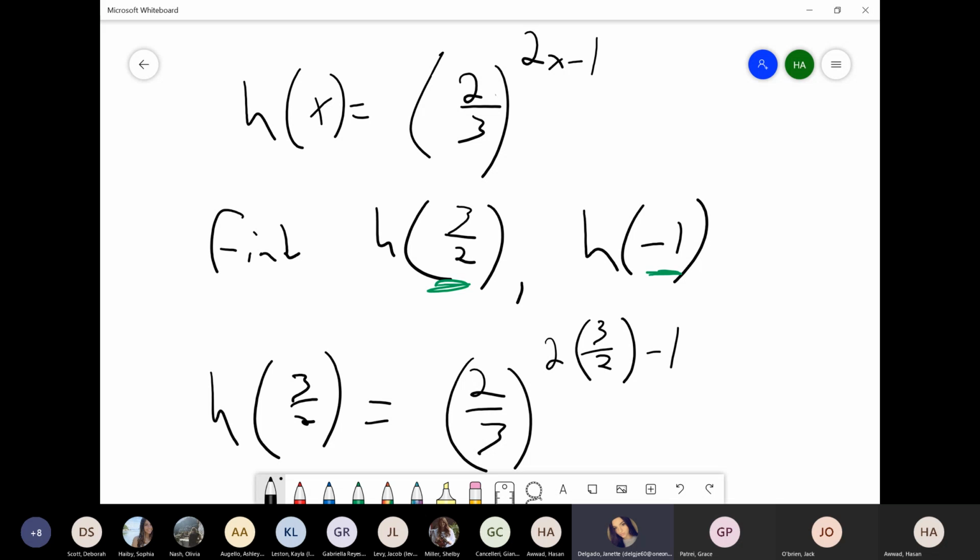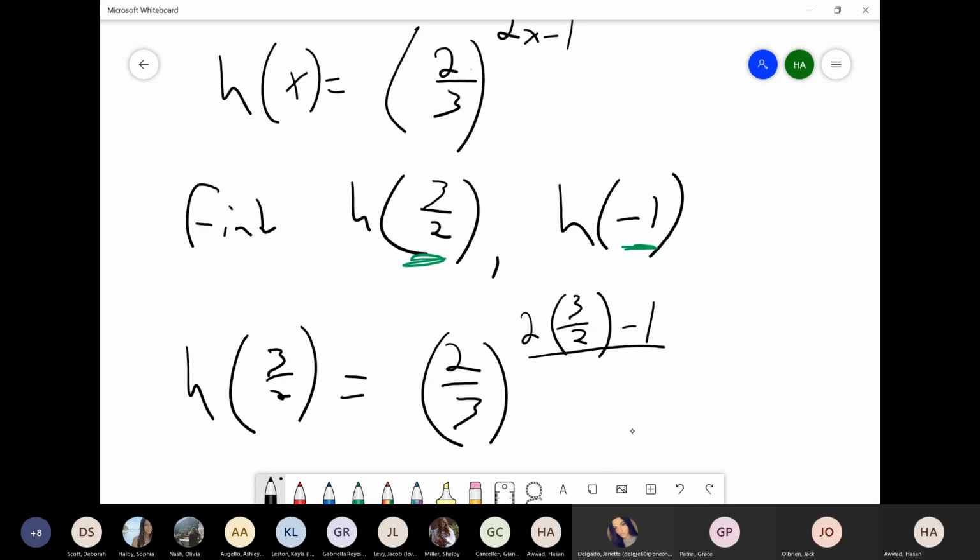Perfect. Okay, and just to clarify, Jeanette said times, and that might have just been a little brain skip, and that's totally okay. Remember, this is your exponent, right? So you're not multiplying 2/3 times this piece. The piece that's underlined in black here is your exponent to 2/3. But yes, absolutely great.